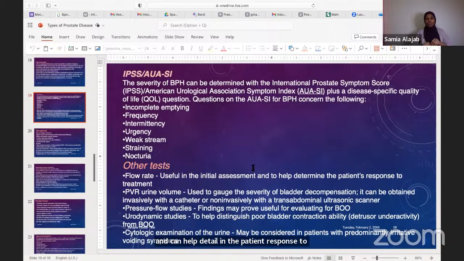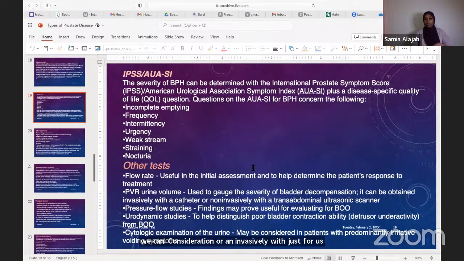Also, we can use the post-void residual urine volume. We can use it to check for the severity of bladder decompensation. It can be obtained invasively, like with catheterization, or non-invasively with transabdominal ultrasound. Pressure flow study.